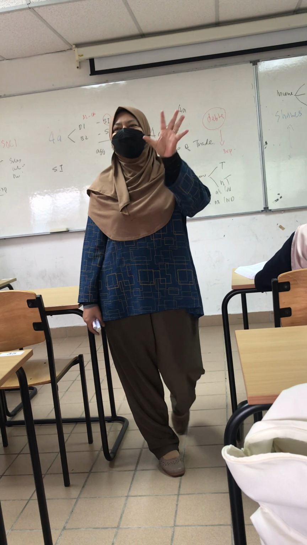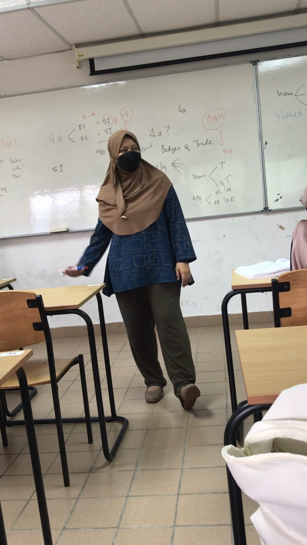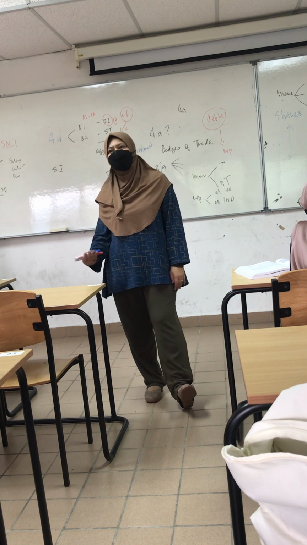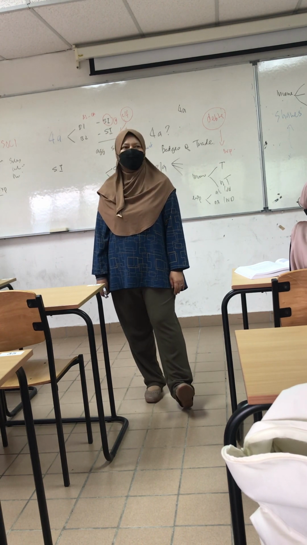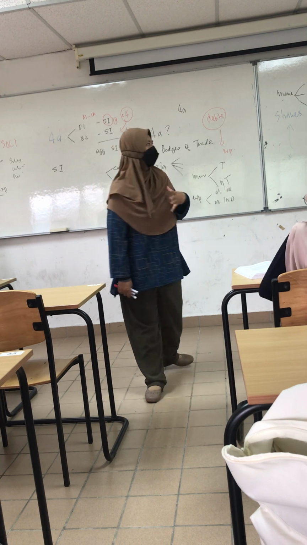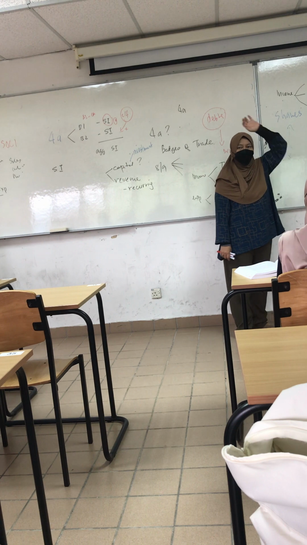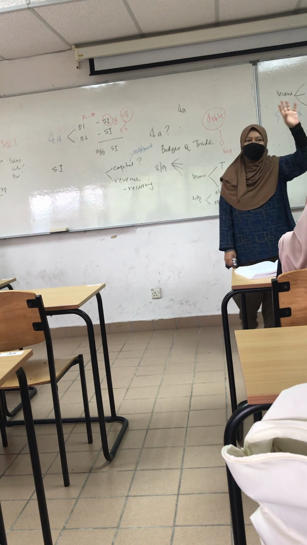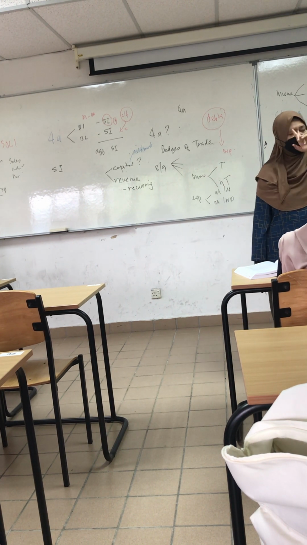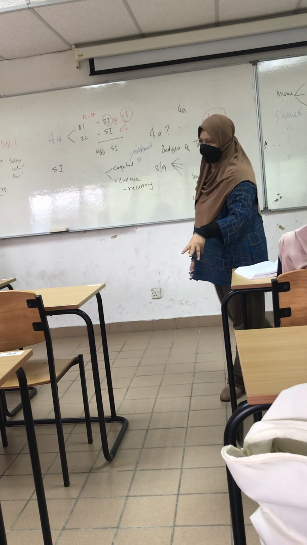For me, this chapter is actually easy to score, but you really have to understand the concept here. I have my YouTube on business income and business expenses. You can also refer to that because I will together do a tutorial question on that.